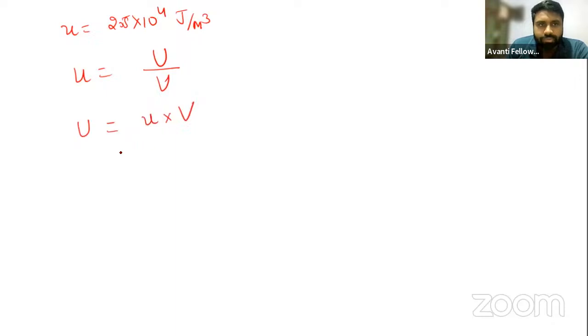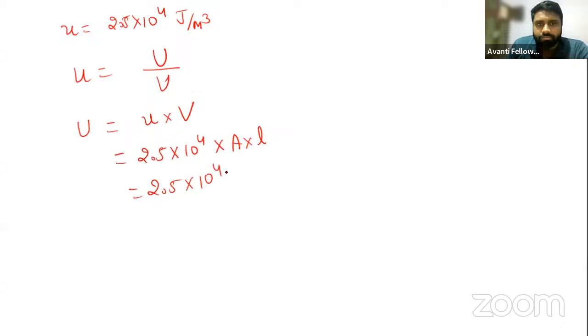Now, u we have found as 2.5 into 10 raised to the power 4 joule per meter cube. Now, u is nothing but elastic potential energy per unit volume, U by V. So, elastic potential energy is u into v. u is 2.5 into 10 raised to the power 4. Volume we can calculate. Volume is nothing but area into length.